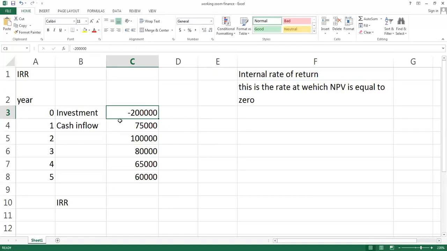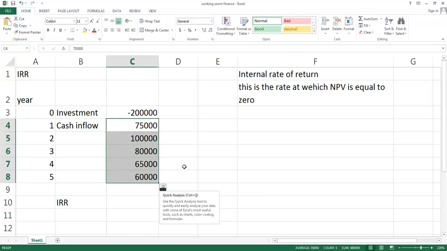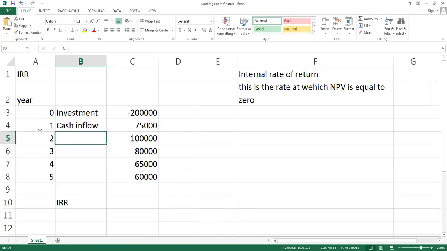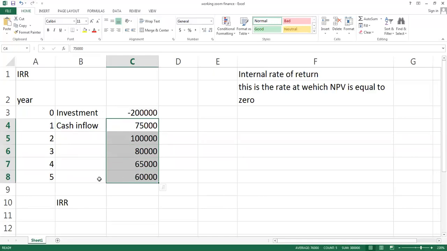The negative sign is showing that this is the investment or cash outflow from the firm, and these are the cash inflows that the firm is able to generate from the project in the coming 5 years. So this is the entire project in which a business is making an investment of 2 lakh, and in the rest of the years the firm is able to get these cash flows from the project.